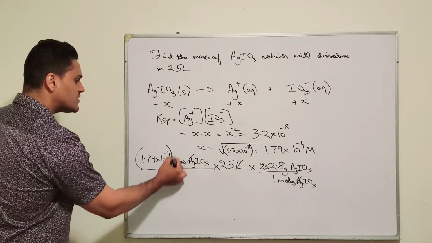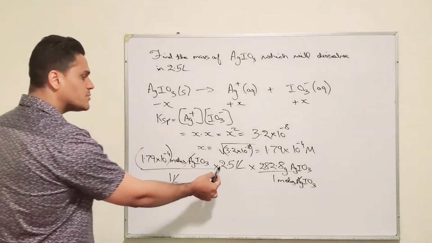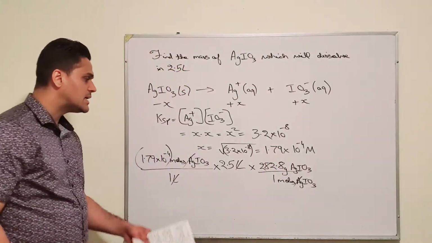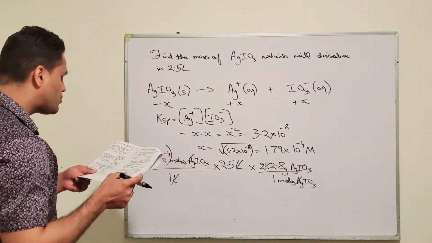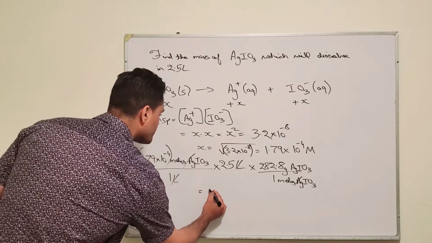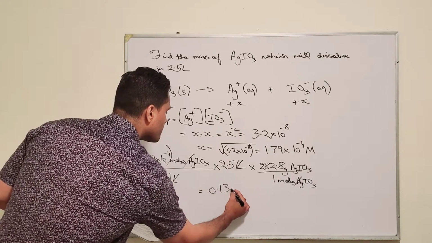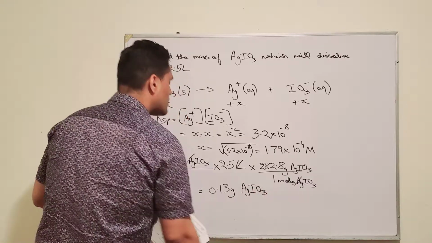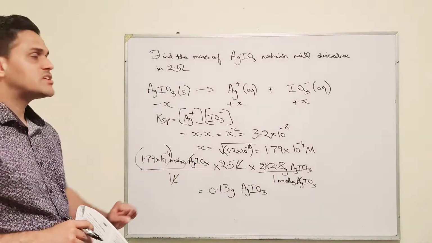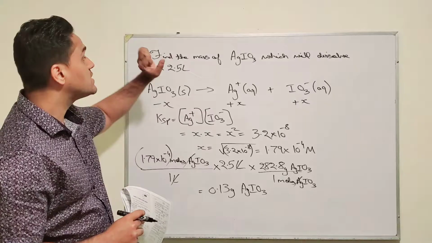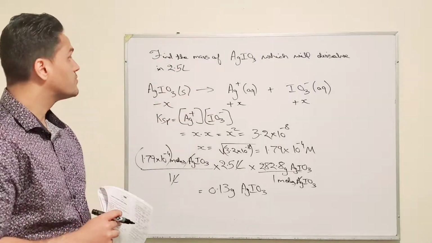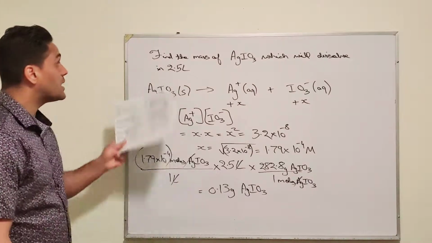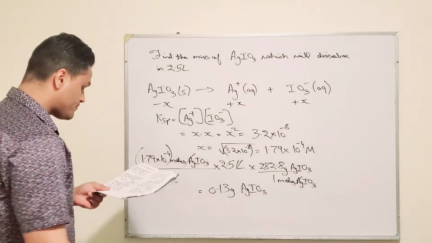So guys, you're going to take this number, times it by 2.5, times it by 282.8, and you should get 0.13 grams of AgIO3. So these are the grams of AgIO3 that are going to dissolve in 2.5 liters. Okay? This is a good question. I want you to make sure you practice this a couple of times.